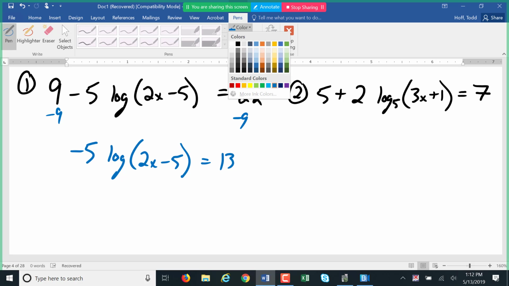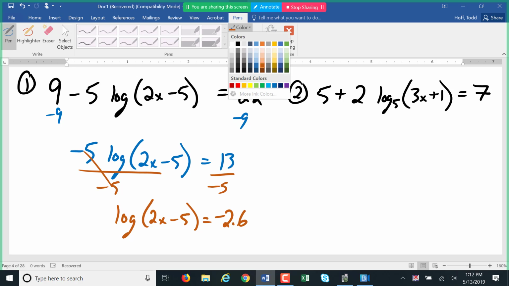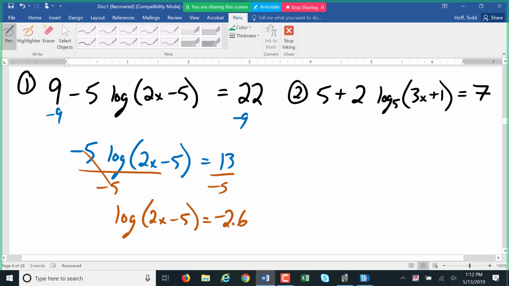Now what? Divide by negative 5. Log of 2x minus 5 equals negative 2.6.